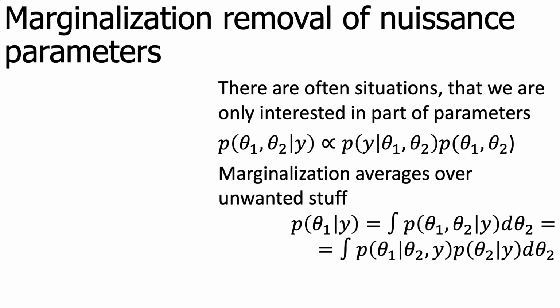Continuous parameters are hard but manageable. A combination of discrete and continuous parameters is very difficult, so that's why we often want to marginalize out the discrete variables and leave only the continuous ones. This is the main use of marginalization, but not the only one, which we will return to briefly.